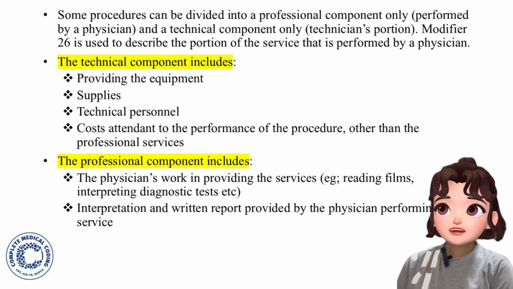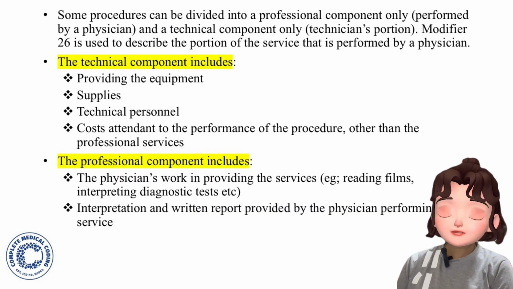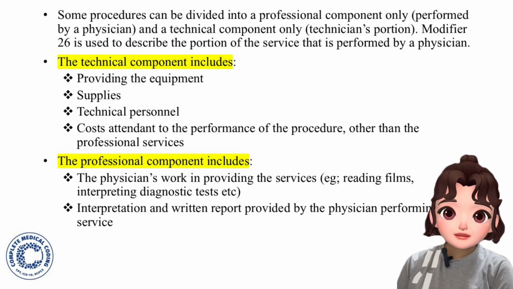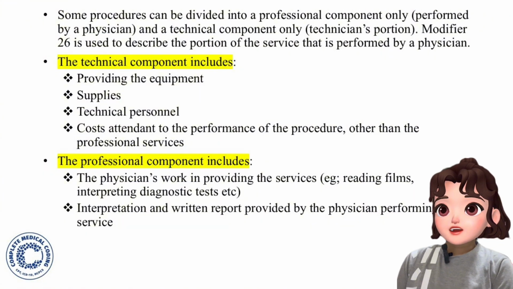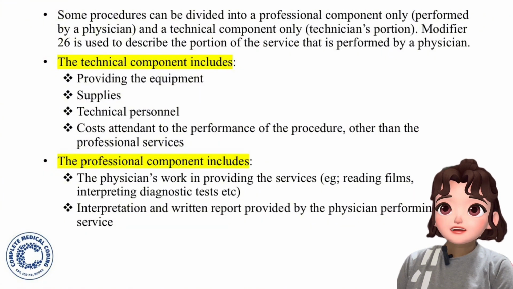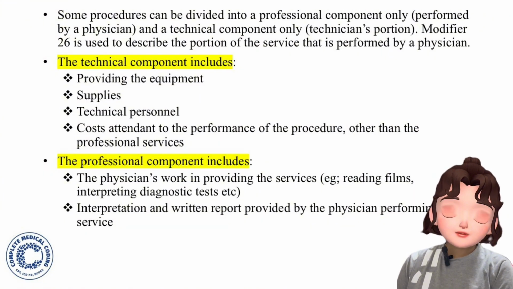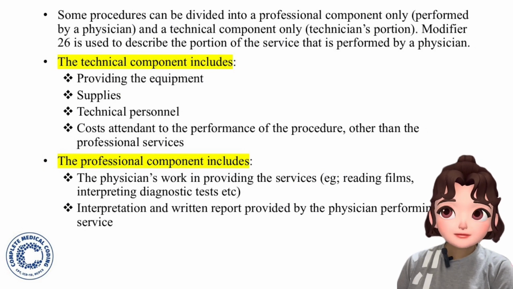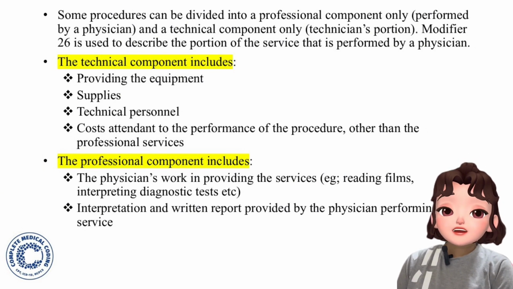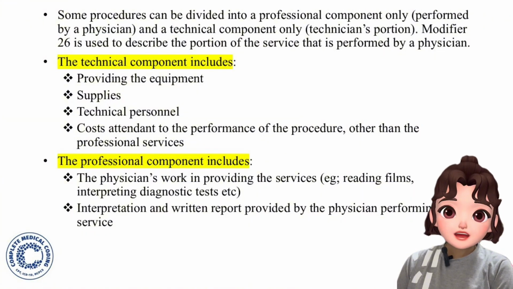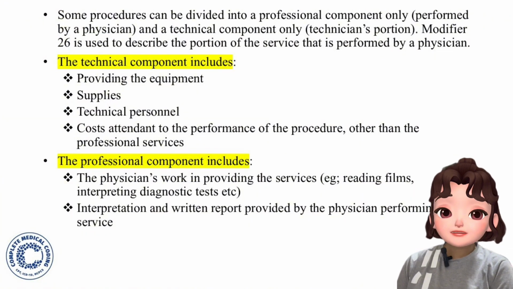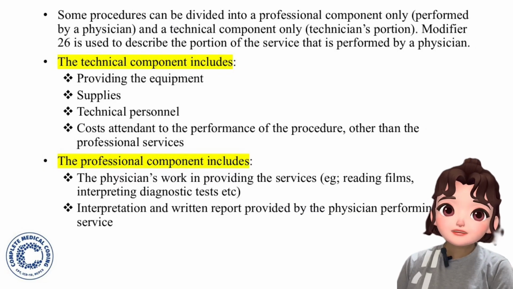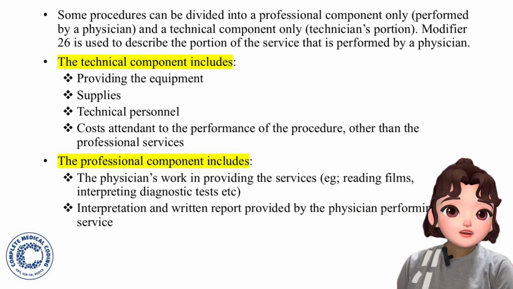Technical component means the technician's portion, if the technician is doing the procedure, like a radiologist. So modifier 26 is used to describe the portion of the service that is performed by a physician. Whatever procedure is carried out by the physician, you have to append modifier 26. It means interpretation and written report are also carried out.